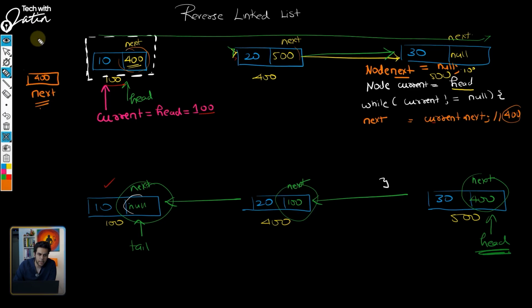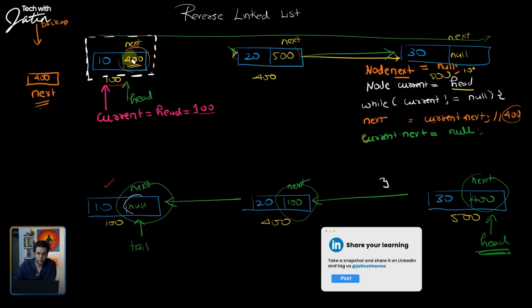Now I have a backup. This is going to act as a backup for me because now this 400, I can update it. This next variable, I can update it. I can easily write over here with a different color for sure: current dot next equal to null.